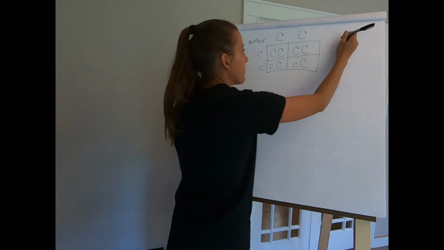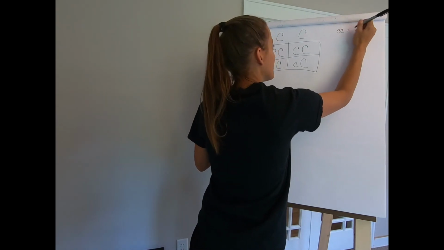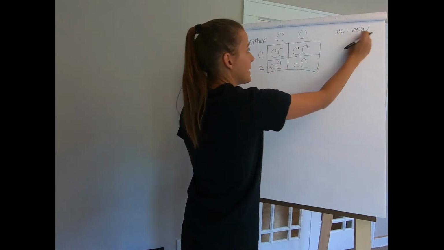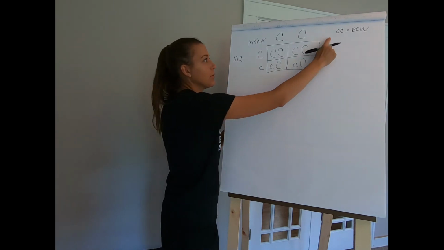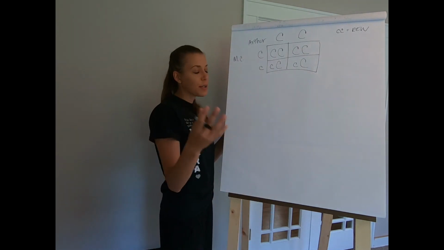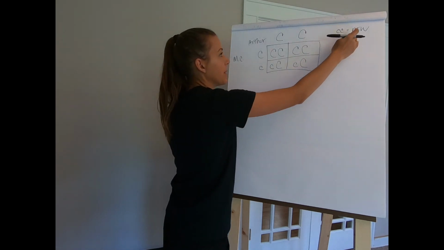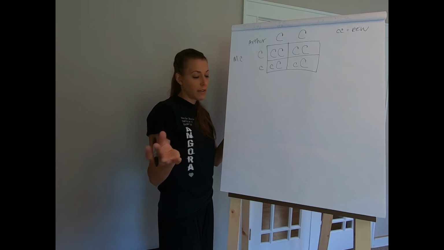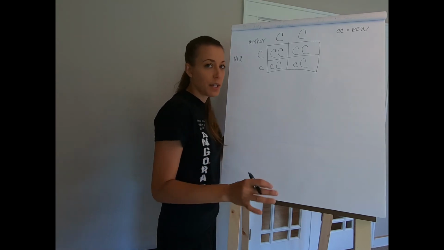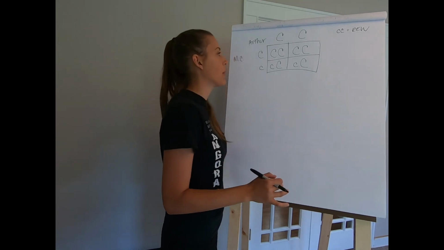Remember, if you have 2 of the little C's, that's the only way you get the red-eyed white. So if you get 2 recessive red-eyed white genes, you get a red-eyed white rabbit, no matter what. Even if they have 2 of the blue-eyed white genes, it doesn't matter. The red-eyed white always overpowers it.